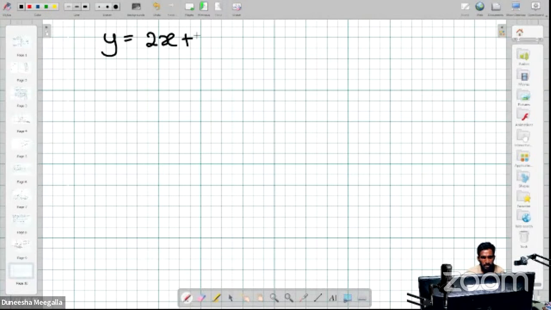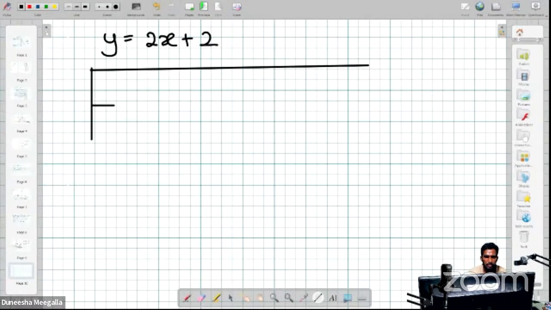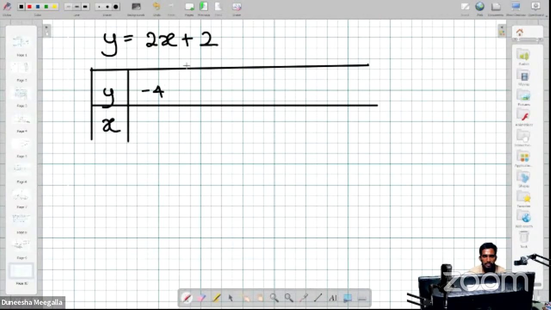Can you draw this equation? ඔයාලට මතකද මේ ඇඳින්න? How we draw the linear equation? Then y equals 2x plus 2, x minus 4 ඉඳන් ගන්නකො.